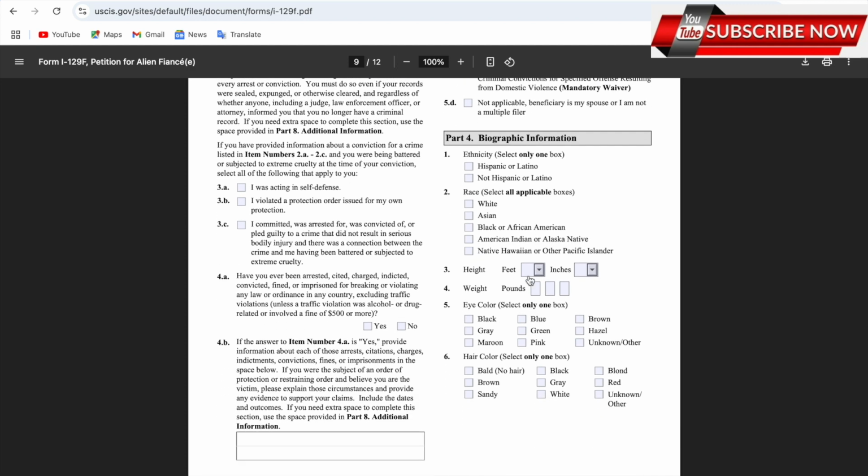And your height. So you put in your height in feet and inches. So if you are 5 feet tall, if you are 6 feet 8 inches tall, if you are 8 feet 10 inches tall, you put that information over here.